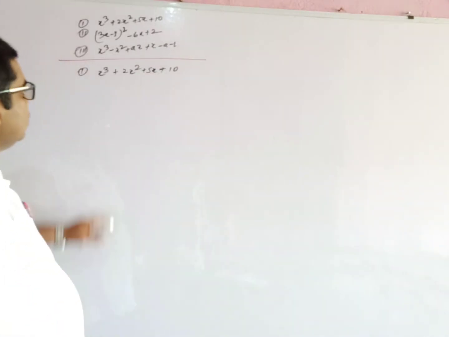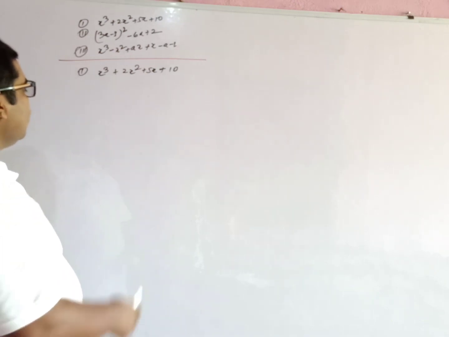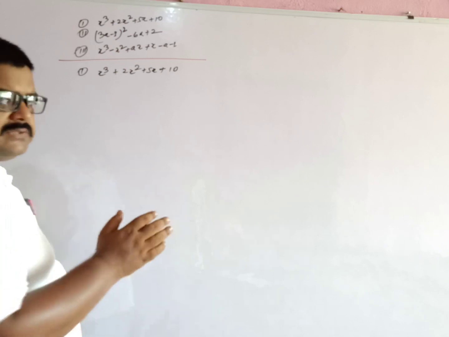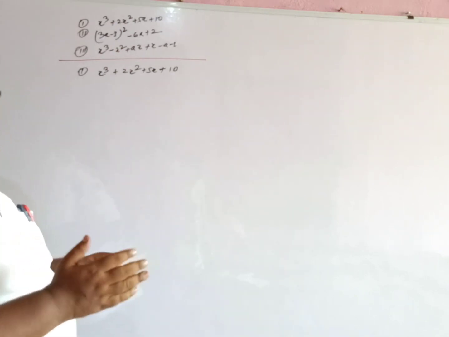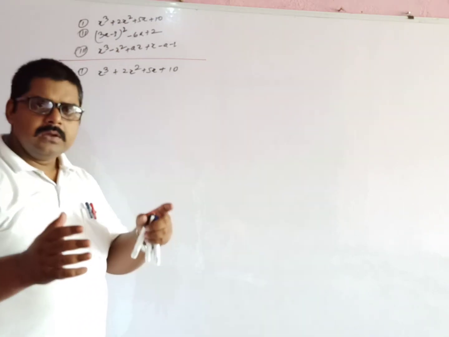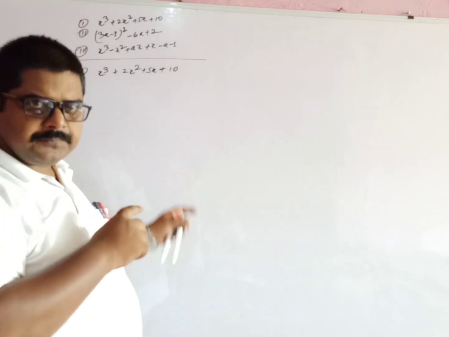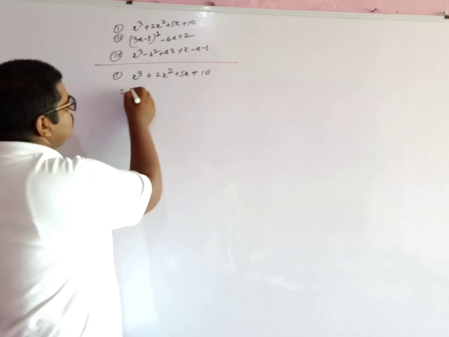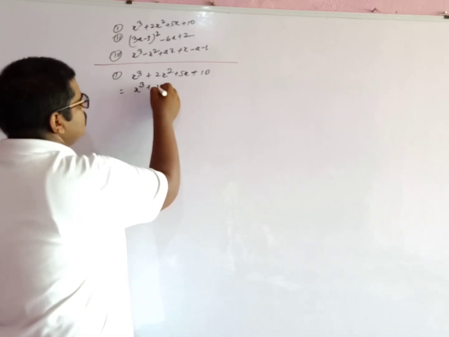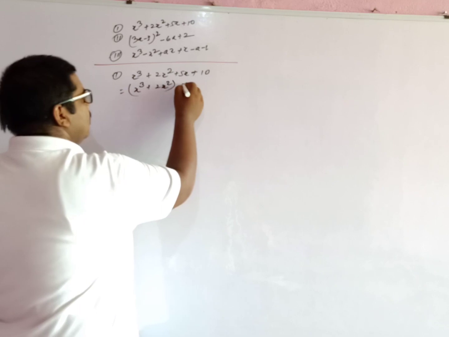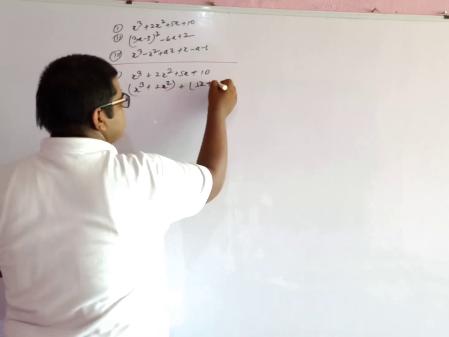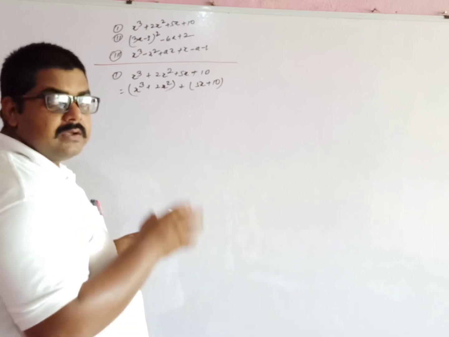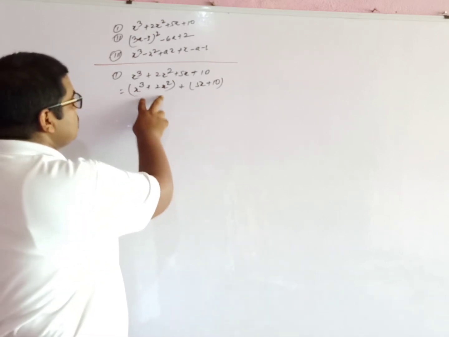My dear students, in this next question you can see that it is solved by grouping. You have to group two terms of this expression: x cube plus 2x square plus 5x plus 10, and after that you have to find out the common in these two terms.